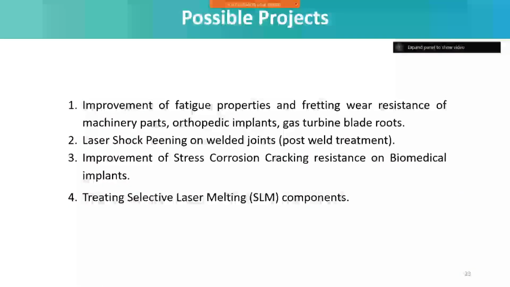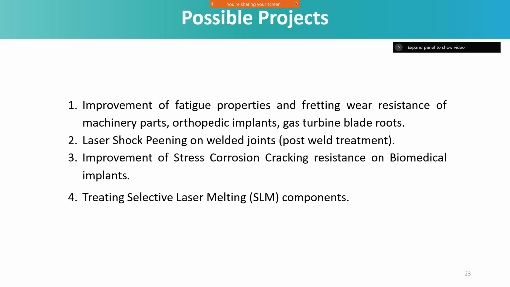So the laser pulses fall on a material at a very high intensity, at 3.5 joule, and you can look at the frequency. It is varying between 1 to 10 hertz. If I reduce the frequency and use a smaller diameter, I will be getting energy density in gigawatts. Such an energy density definitely will induce a lot of CRS, that is compressive residual stresses, inside the material, by which you can realize a very good improvement in fatigue property.